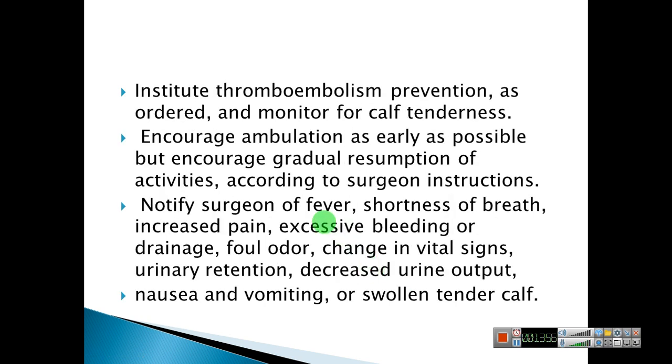Then institute thromboembolism prevention as ordered and monitor for calf tenderness. If she complains of any pain or calf tenderness, you have to monitor that, and you have to inform the doctor to prevent complications, thromboembolism, DVT.